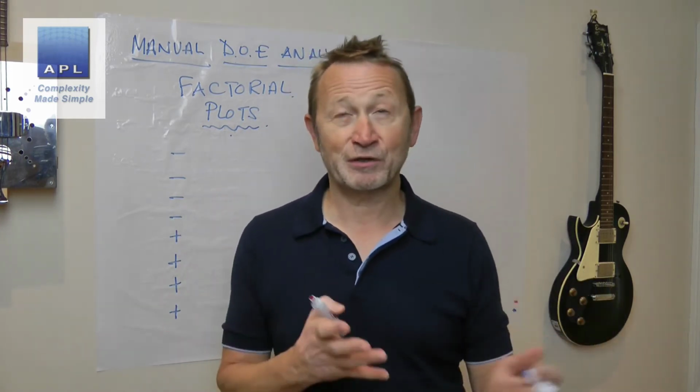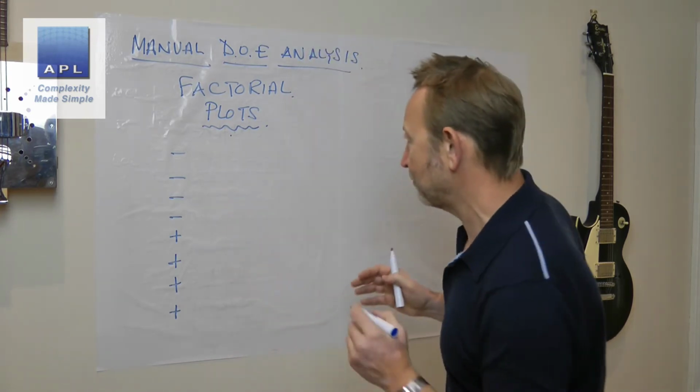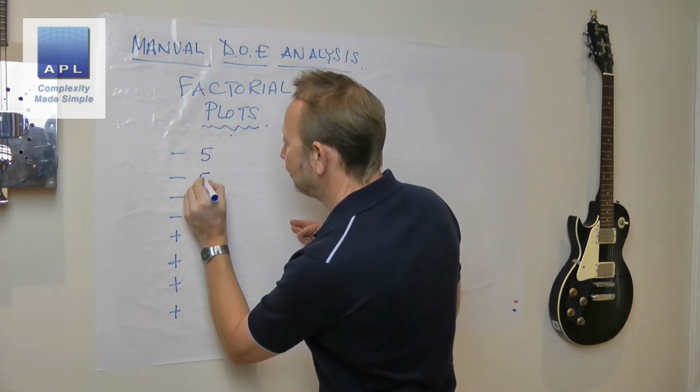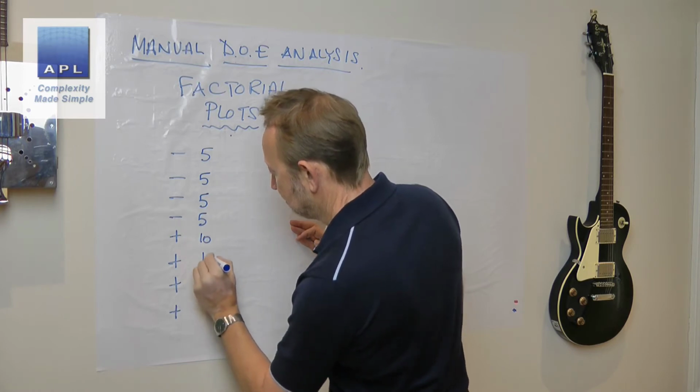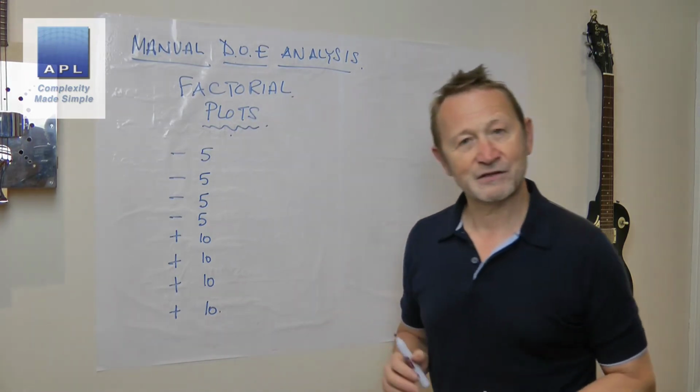So let's say we were trying to understand what time does to the process, and we substituted 5 as the low value, 10 as the high value.